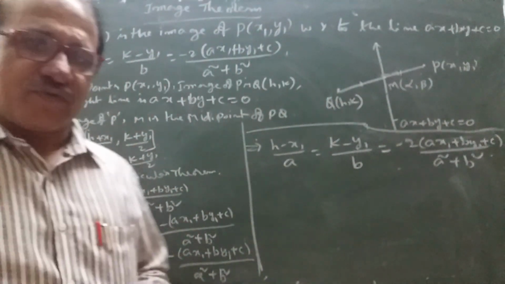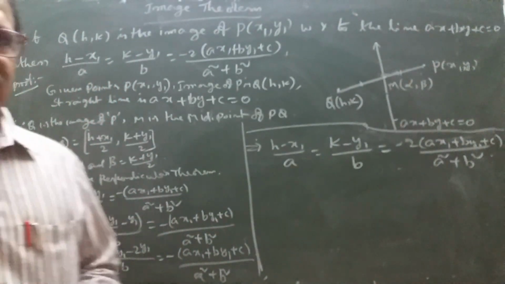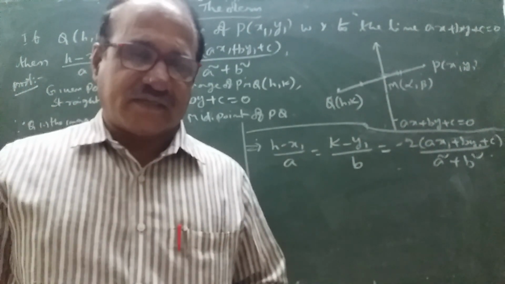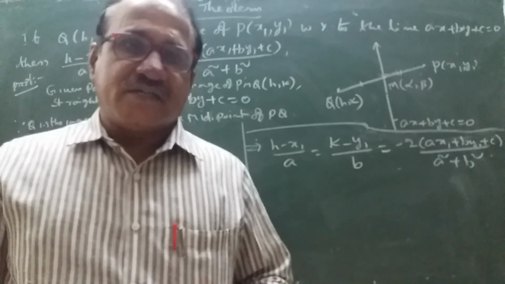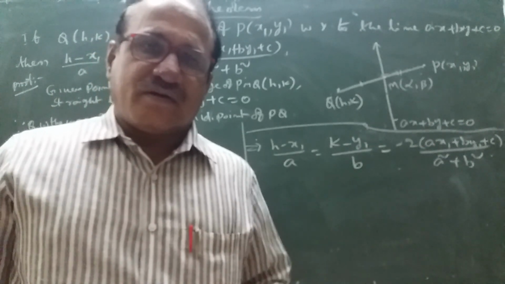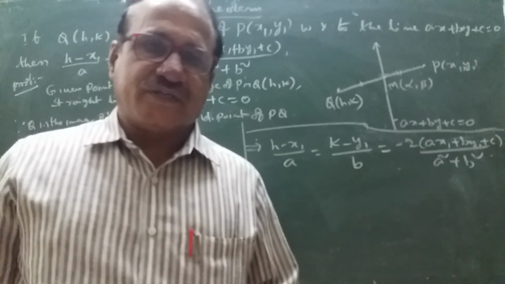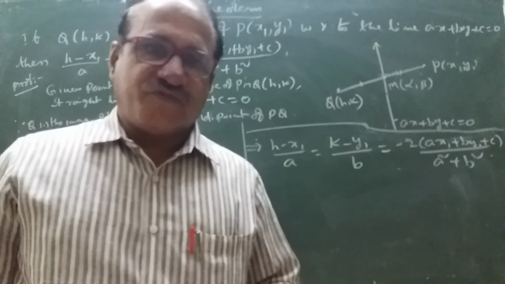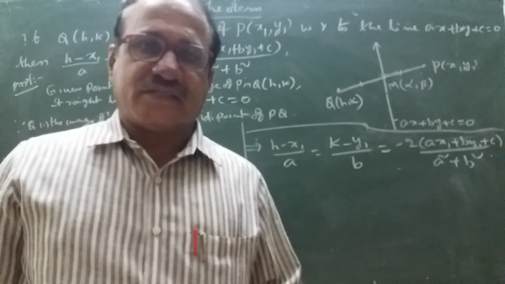This is the proof of the image theorem. But in the previous exam, that is the pre-final exam, instead of the image theorem, you all wrote the foot of the perpendicular theorem, but that is not correct.